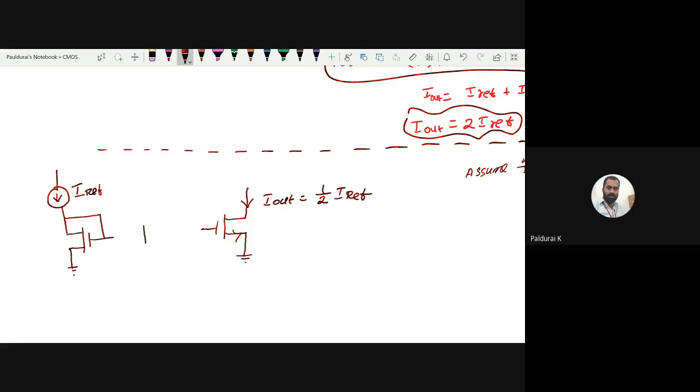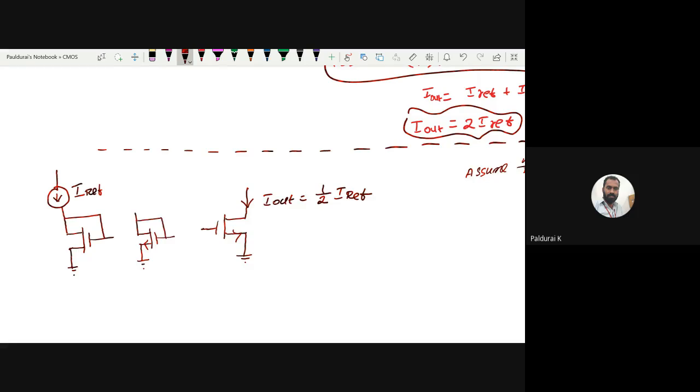Let me take one more diode connected device. So you want to make a short circuit, right?